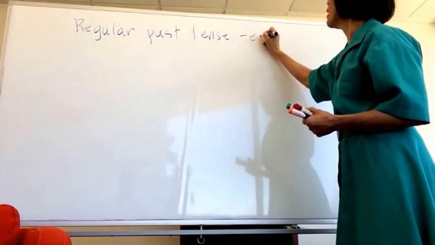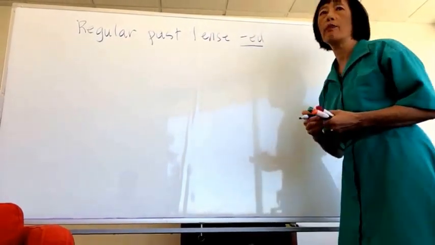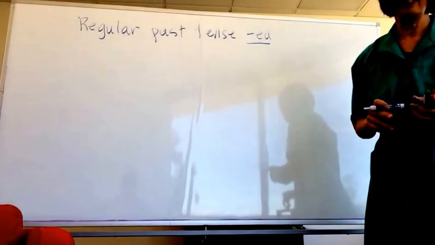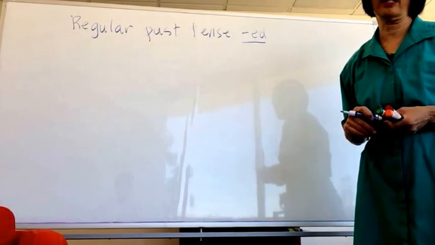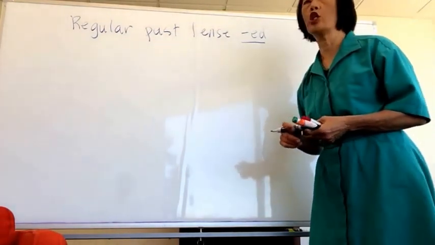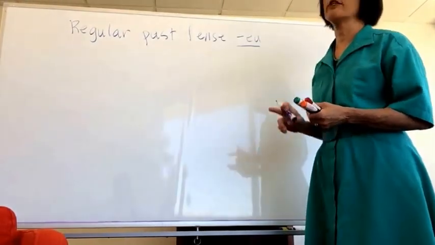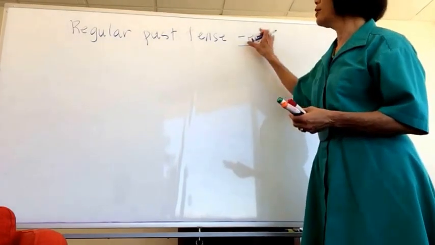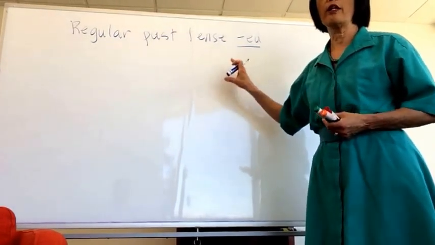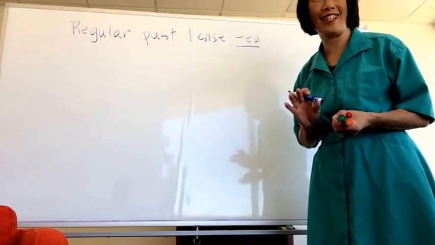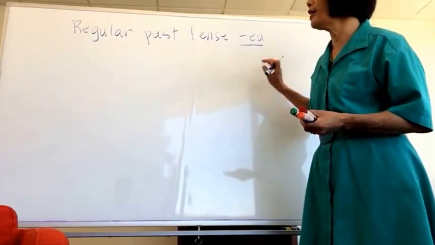So we have ed at the end of the regular past tense form. This is used for words like want, wanted, add, added, look, looked. Ed is in writing. But as we discussed before, there are 3 different pronunciations of this ed ending.